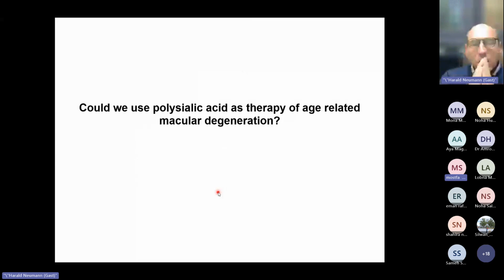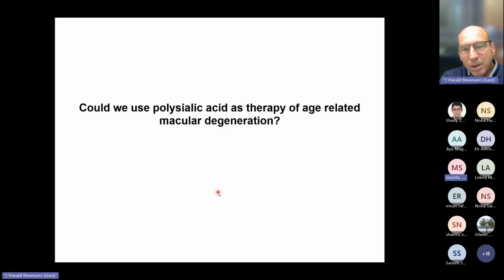So we have told you a lot about the mechanism, complement, and about Siglec receptors which recognize sialic acid. Then I showed you what is happening if we mimic the aging situation in a mouse by reducing sialic acid. I explained to you that this loss of the neurons is mediated by the complement cascade.